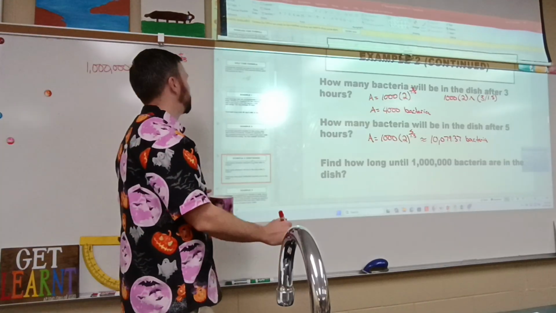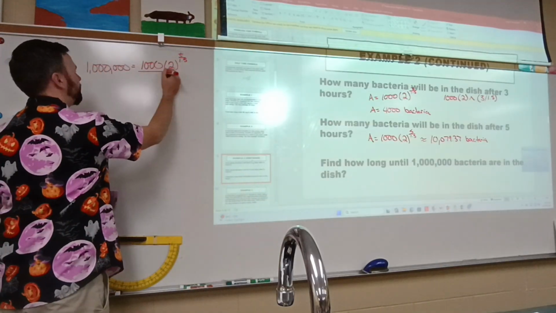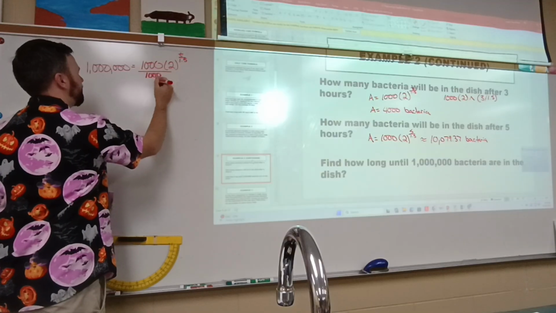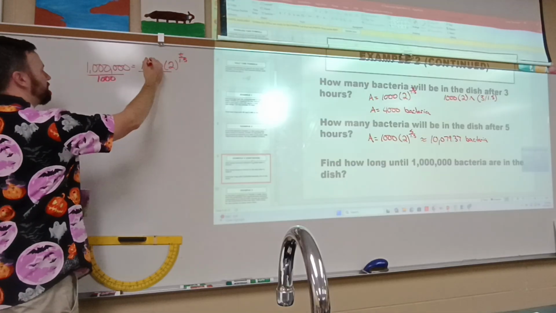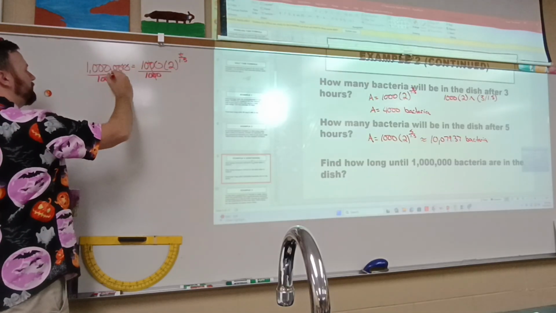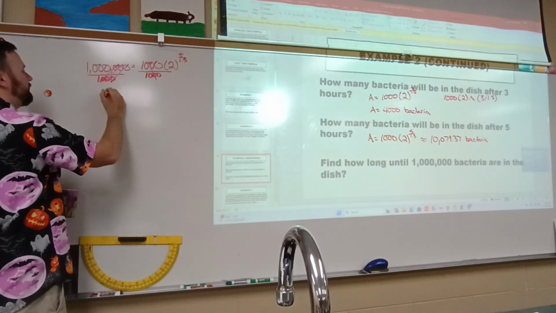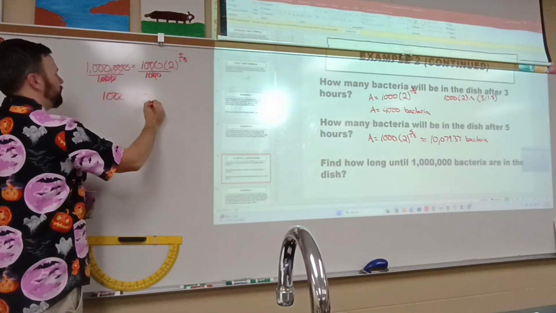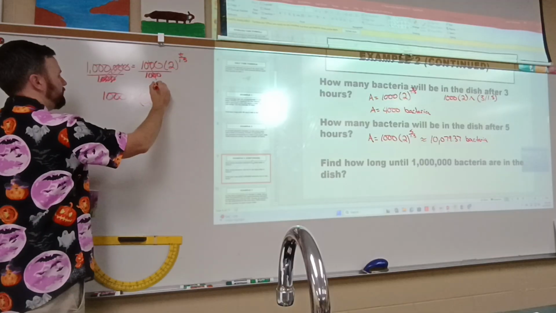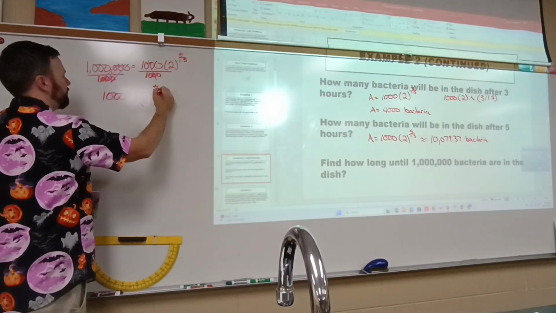Gotta divide. Yep. Thank you, Siri. I'm going to divide both sides by 1,000. Right? You need to get that exponent by itself. So I get 1,000 equals 2 to the T over 1.5.